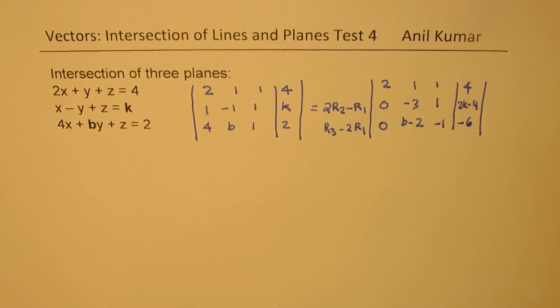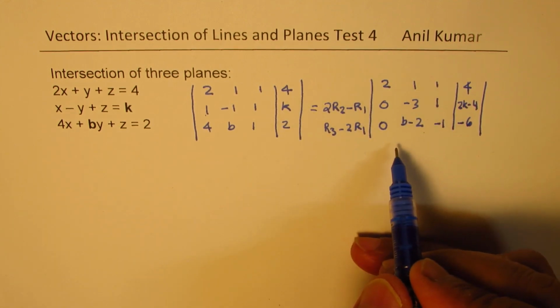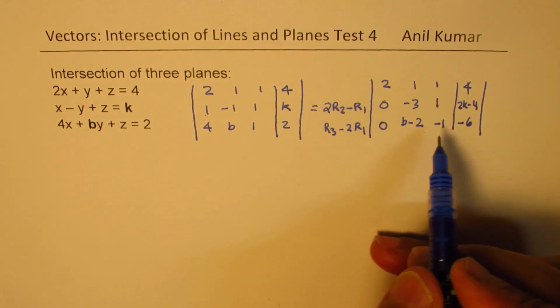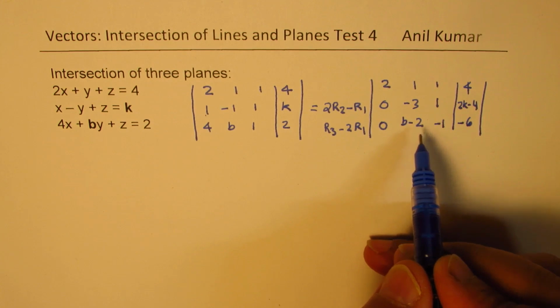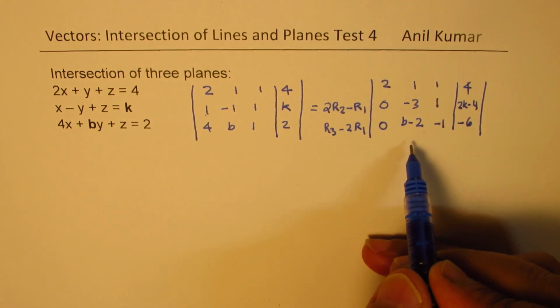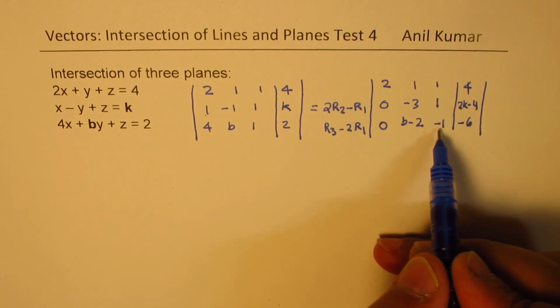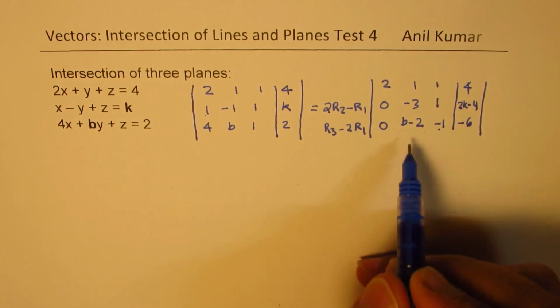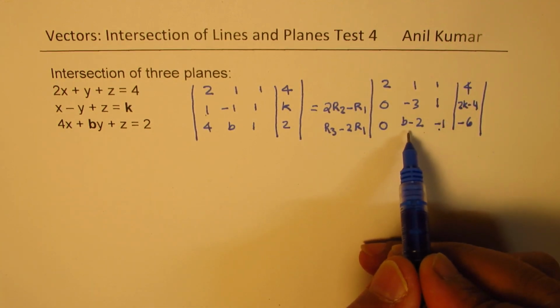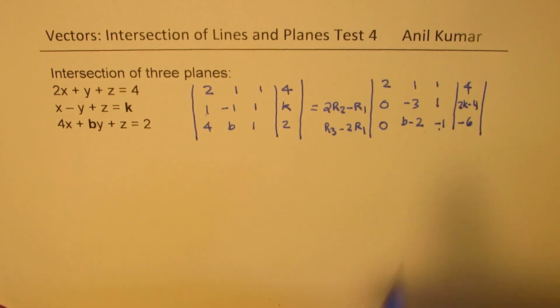Right, so that is what we get. Now the idea is to make b minus 2 as 0. Or what we can do here is we can make this as 0, so at least we'll get 2 zeros, and then we can equate that to 0, correct?